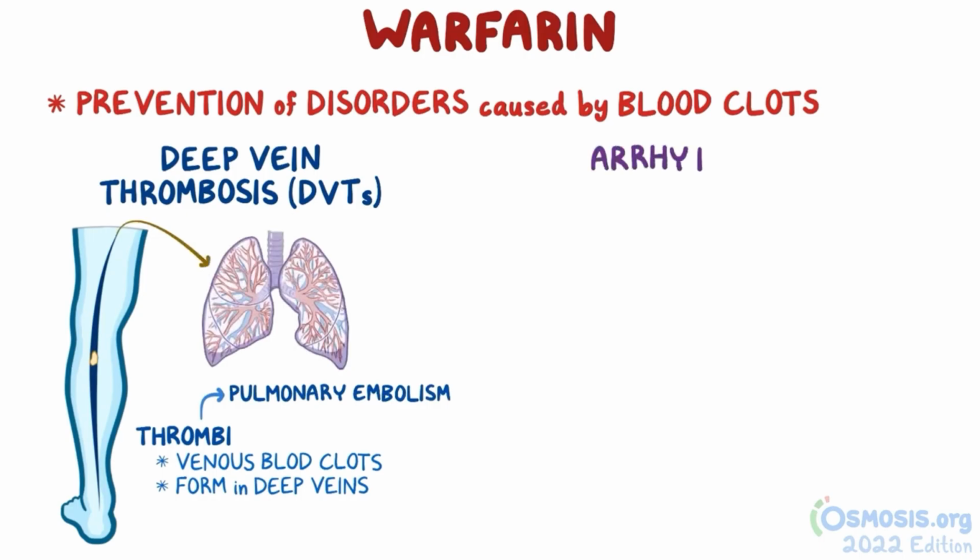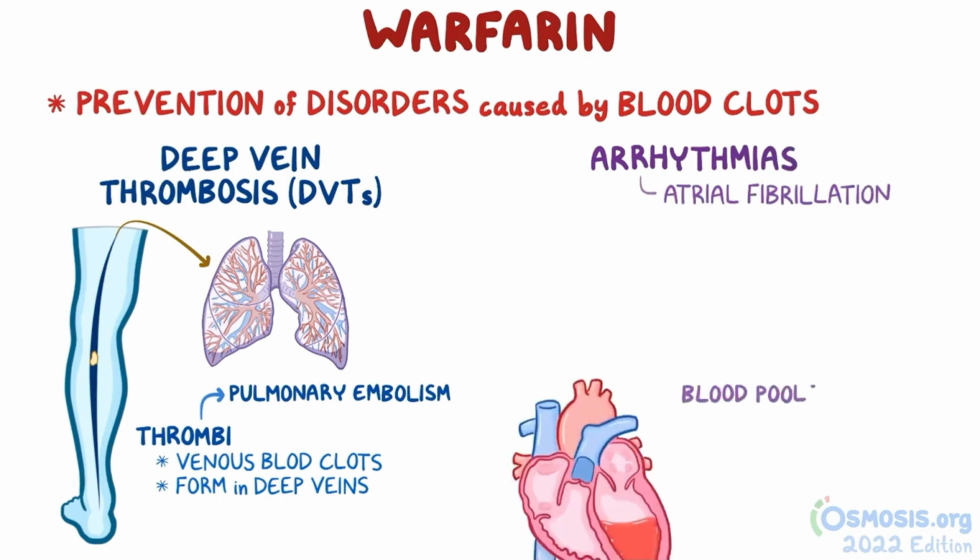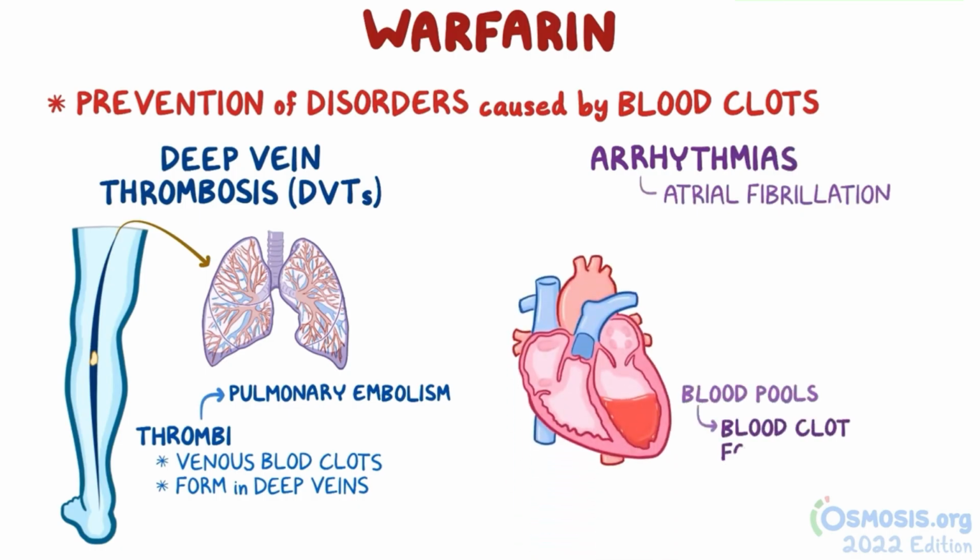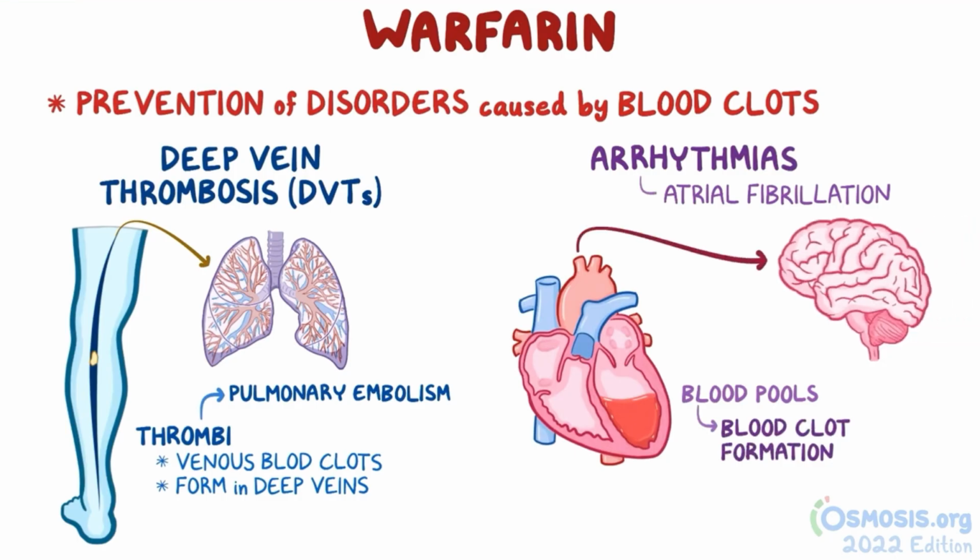In people with arrhythmias, particularly atrial fibrillation, the blood could pool in the heart, leading to blood clot formation. These clots then get pumped out of the heart and make their way to the brain, where they block off cerebral arteries and cause strokes. Other common causes of blood clot formation in the heart include prosthetic heart valves and recent myocardial infarctions.